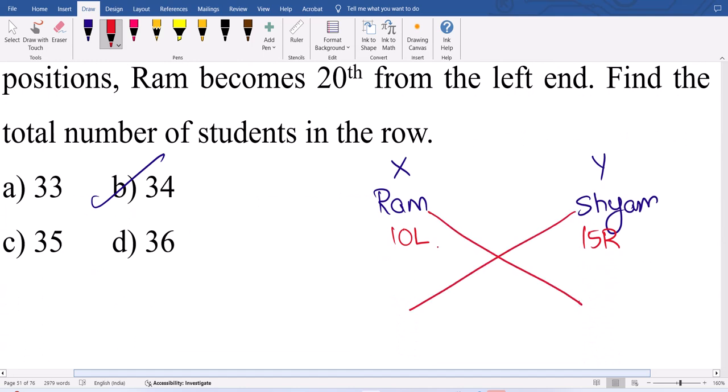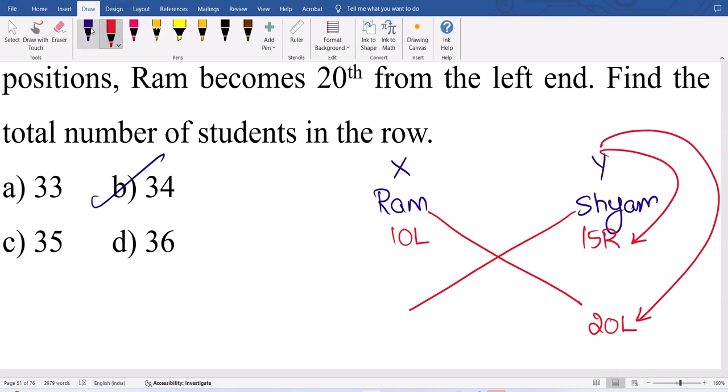When Ram came here, this is 20th from the left end. Now in this row, that seat Y is 15th from right end and 20th from the left end.